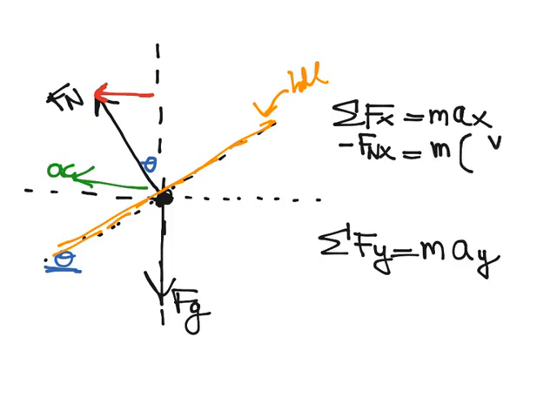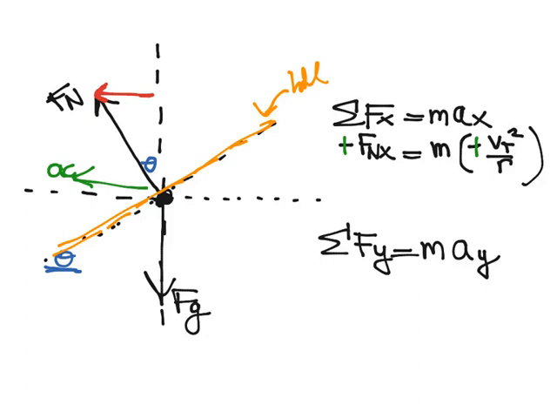We know the size of Ax is going to be Vt squared over r, because Ax is AC, but it's pointing to the left, so we have a negative sign. Our two negative signs cancel out when multiplying by -1 on both sides, and so we have Fnx equals mVt squared divided by r.